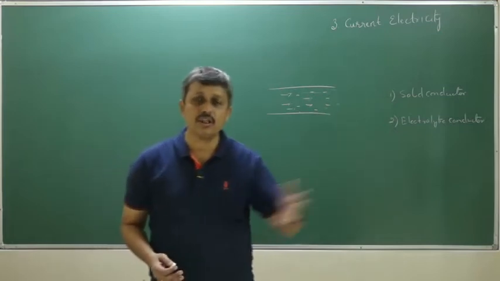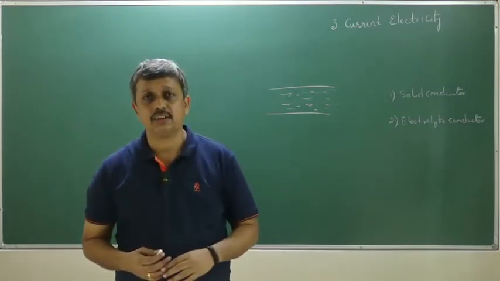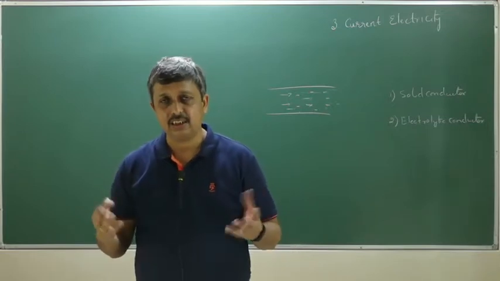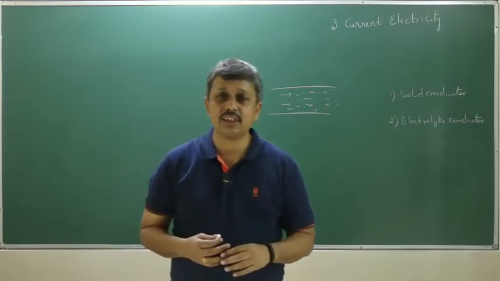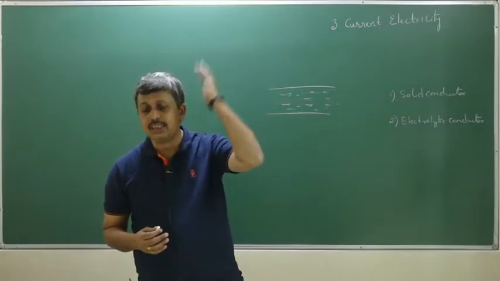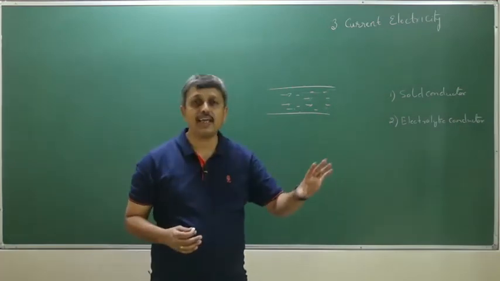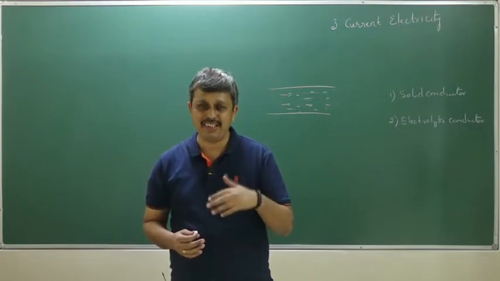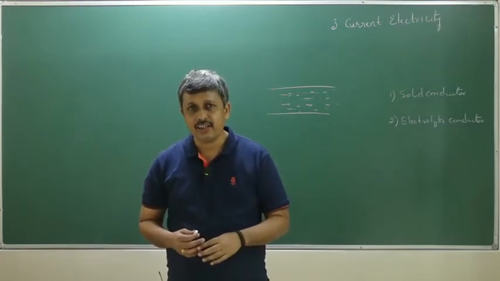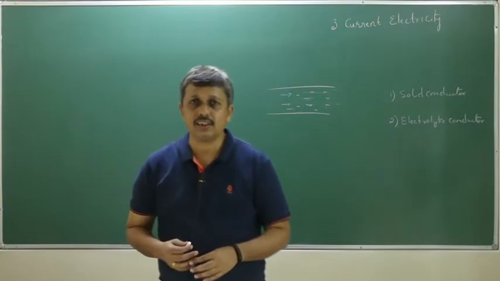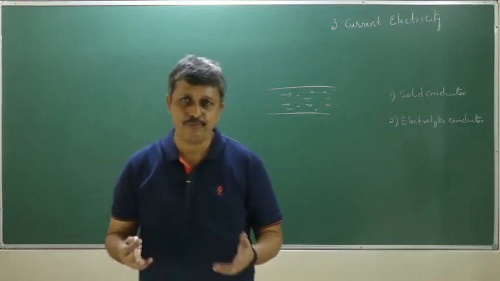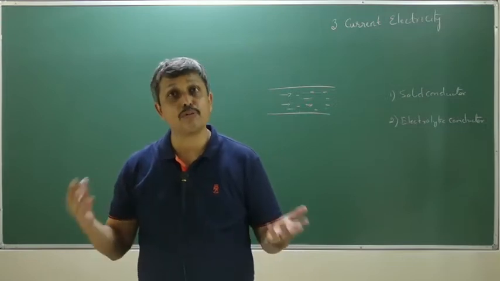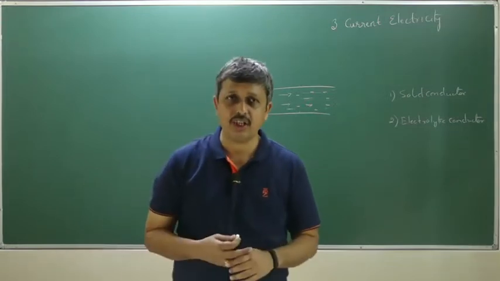Okay, they move inside the solid, and that is why metals are conductors. The electrons at the outermost shell are very loosely bound, and they can actually move inside the conductor. So in the case of metals, where solid conductors, we can say the current actually happens because of the movement of negative charges. It's always because of the movement of negative charges in a solid.